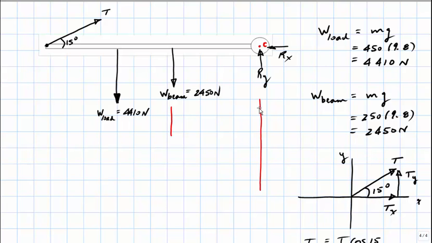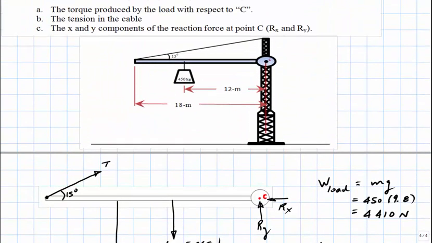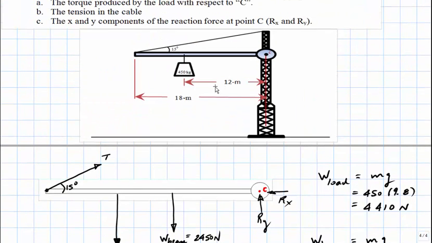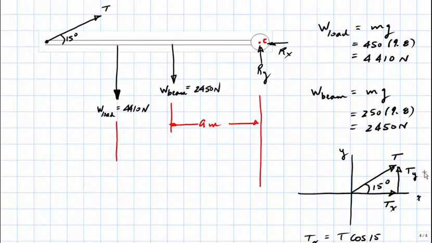Now, the distance between the center of rotation and the beam is exactly half of the length of the beam, and as we can see, the length of the beam is 18 meters, so the distance towards the midpoint would equal 9 meters. The distance out towards the load was given as 12 meters.